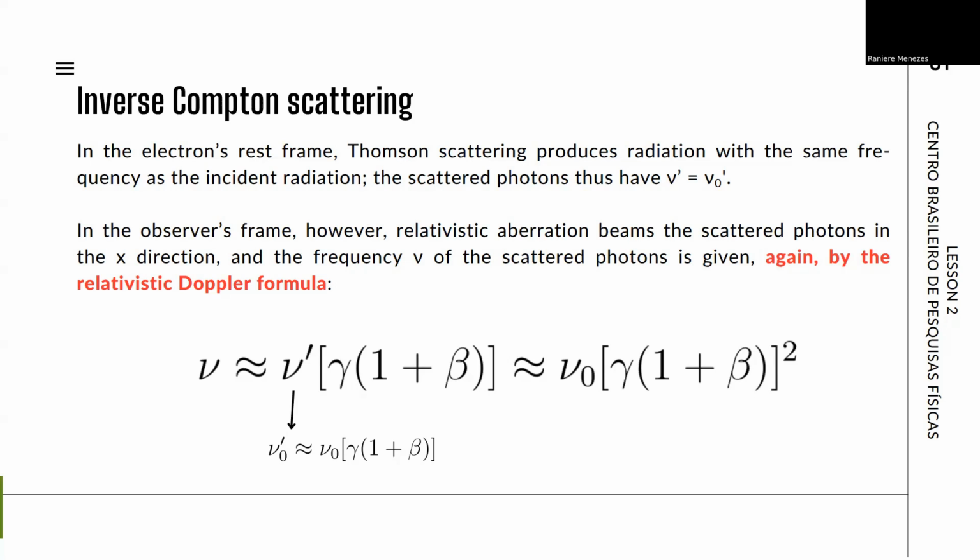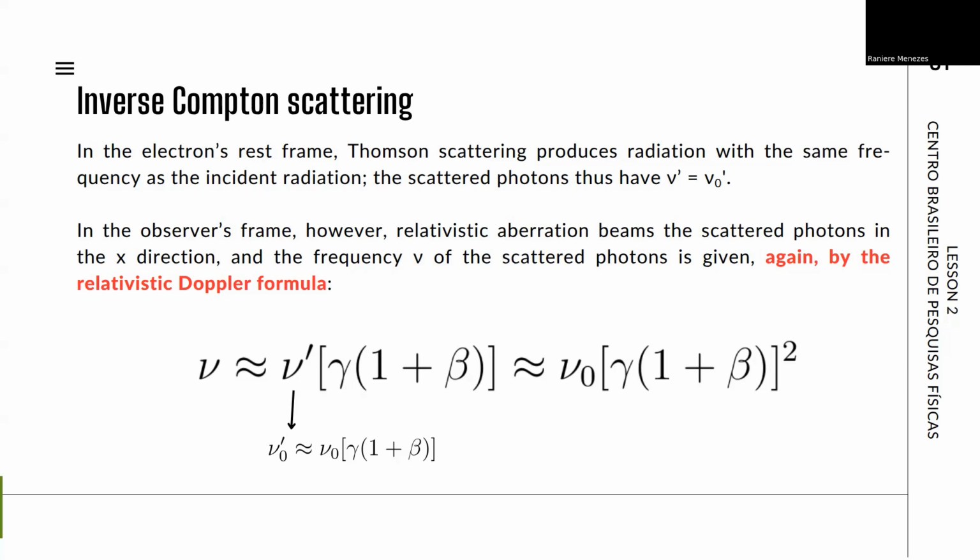When this photon interacts with the electron in the electron's frame, the electron will scatter this photon like any other photon, like a normal common Thomson scattering. And it can scatter this photon in any direction in its frame. And the energy will not change in the electron's frame.